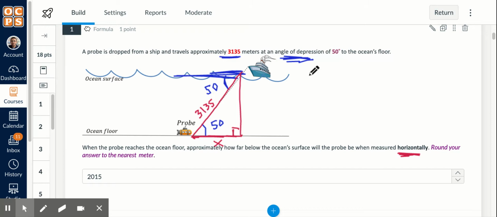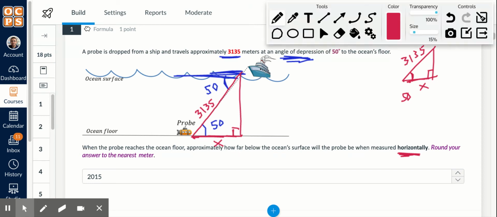So I'm going to make the triangle on the left real quick, just to put that information together. I got a right triangle. The diagonal is 3135. My angle is 50 degrees. The question: I have that from here.